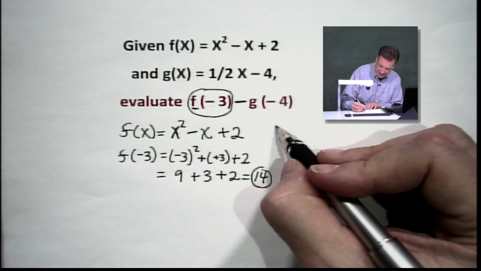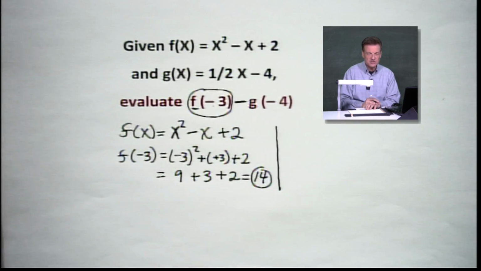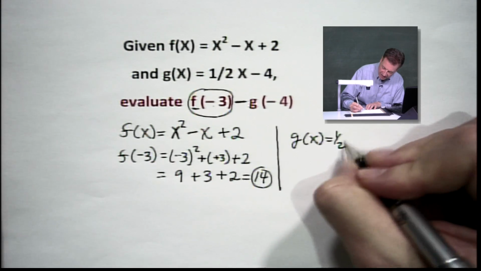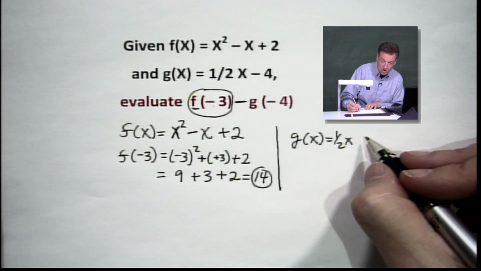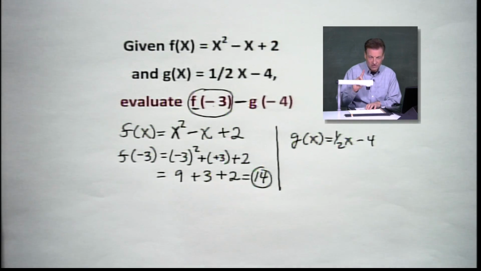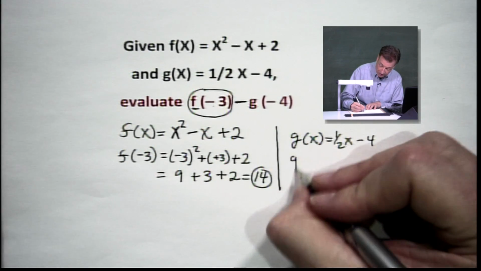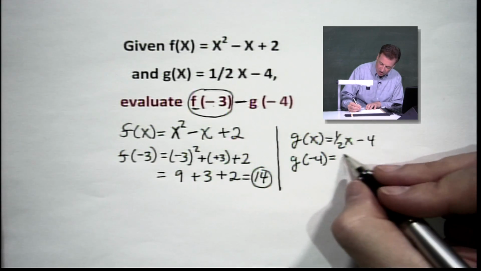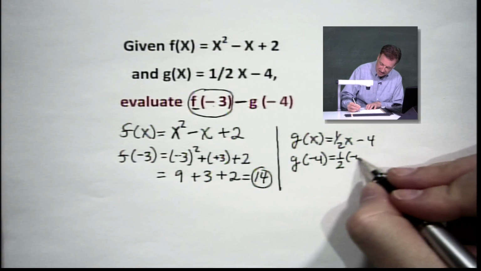Now, let's take the second side of this problem. We want to know what g of negative 4 is. The g of x function, you got it, is still 1/2 x, and we're going to be subtracting 4. Now, I use that negative 4 here for a real good reason. Here, we're going to put in half of negative 4.